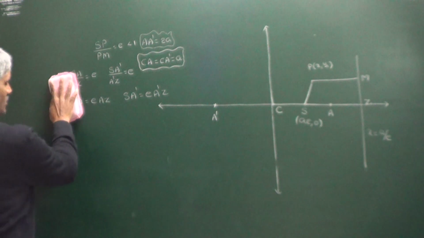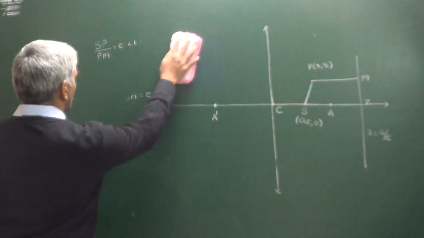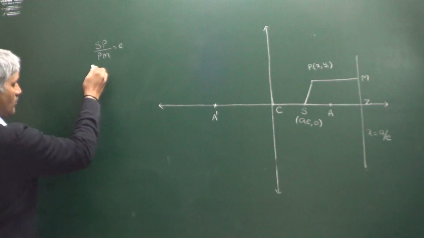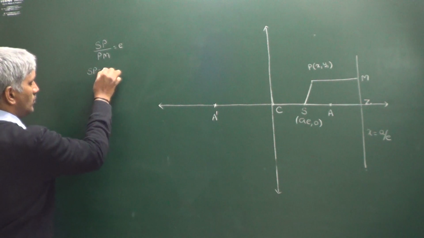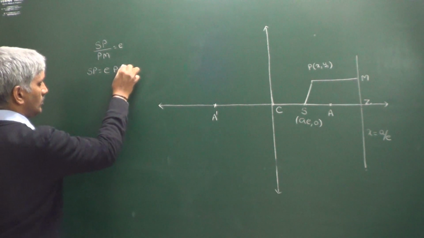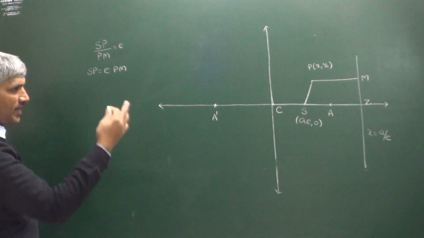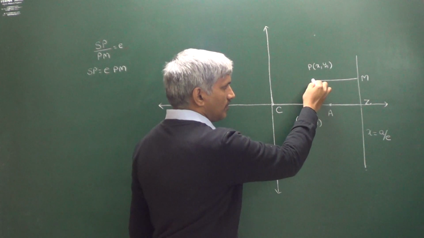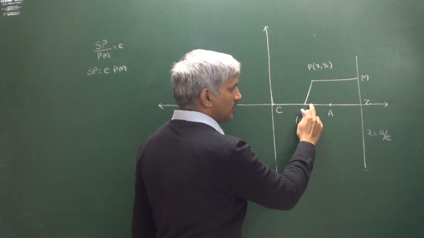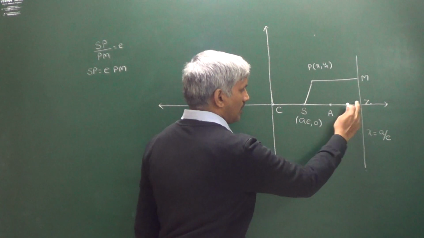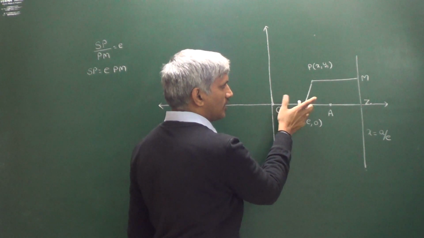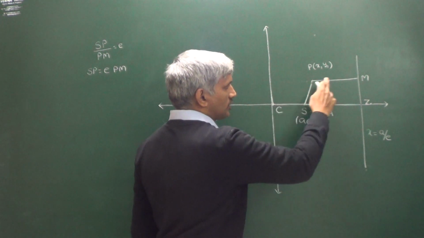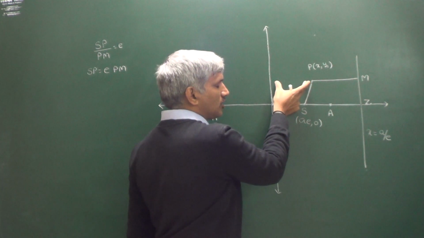Okay, we got the information. SP by PM is equal to E, right? So from here we can write SP is equal to E into PM. Now can you say from the diagram what is PM? This point is x1, y1. This total distance is A by E, and this distance is equal to x1.